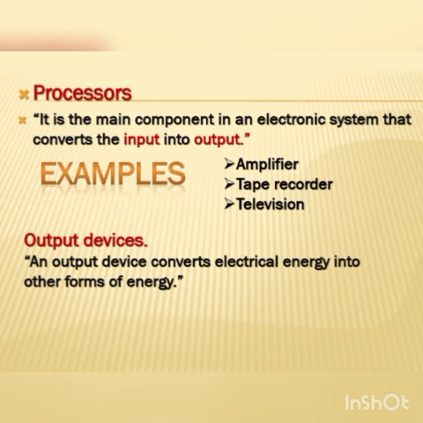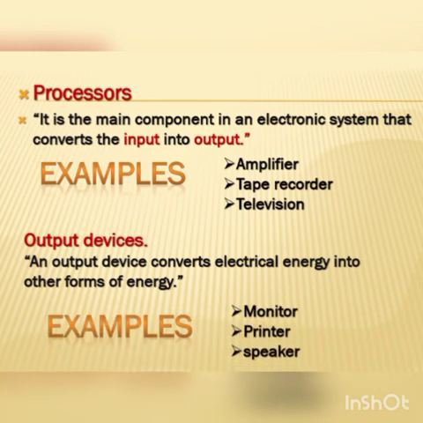An output device converts electrical energy into other forms of energy. For example, monitor, printer and speaker. They convert electrical energy into picture form, sound form or other forms of energy.